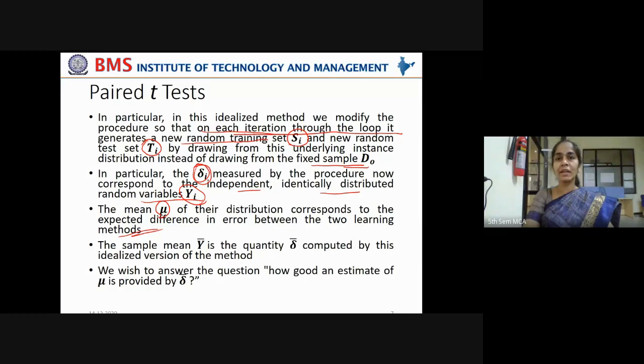Say we have taken learning algorithm A and learning algorithm B. The difference in these errors is calculated, and the mean of the difference in the errors obtained through the learning algorithms, that mu, is taken. Now the sample mean y bar is the quantity delta bar computed by this idealized version of the method.